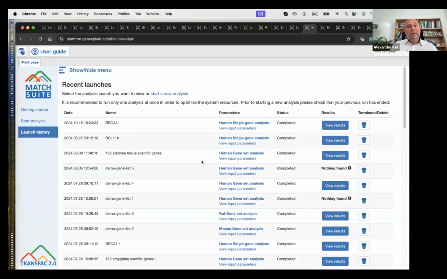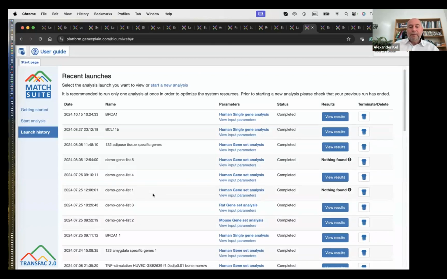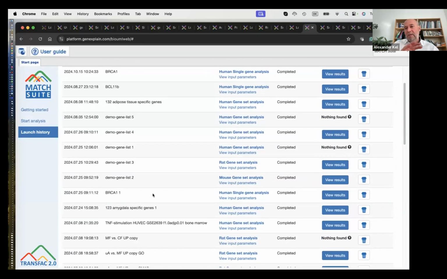So we are actually filtering a set of motifs, and that's why the final output of the binding sites is pretty selective. So we have a reasonable number of transcription factors and binding sites which are found in that promoter.